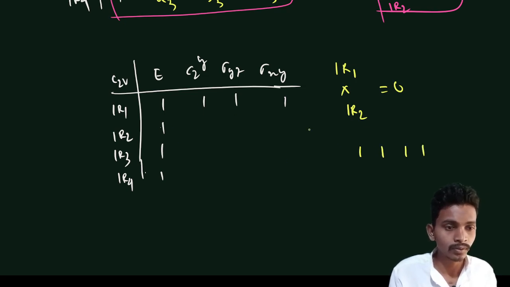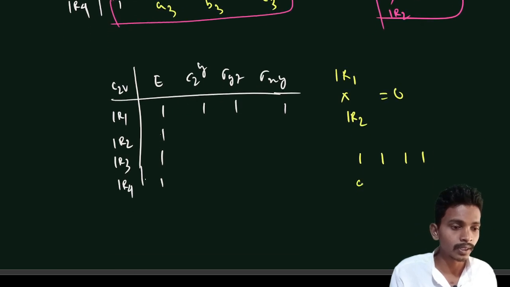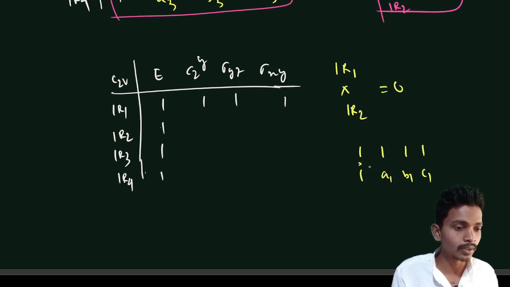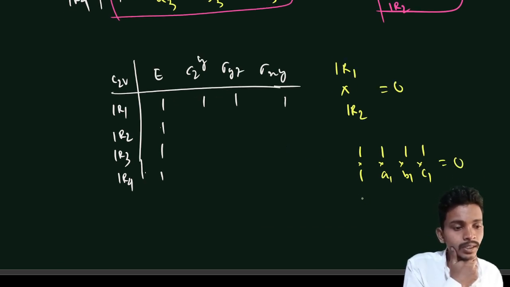Here I don't know what values I have taken, A1, B1 and C1. This is A1, this is B1, this is C1. If we multiply, then I should get 0. This is one value, this is A1, this is B1, C1 value, and the sum has to be equal to 0.